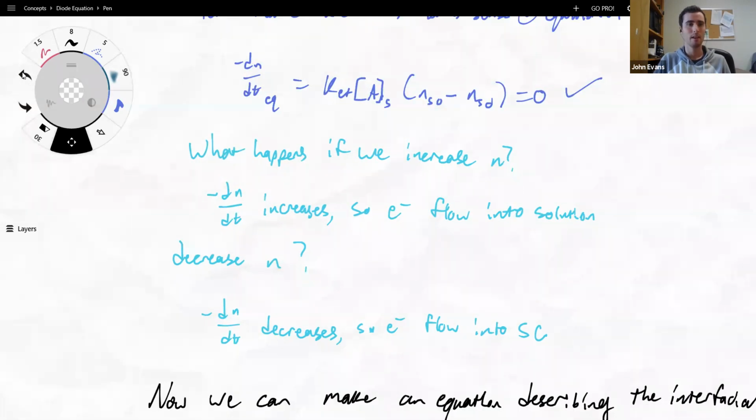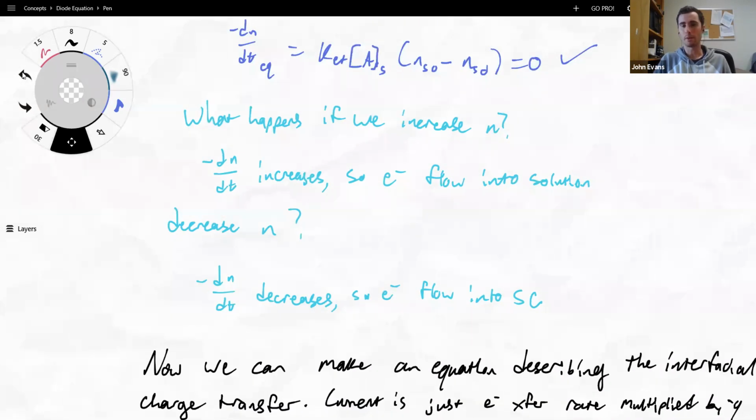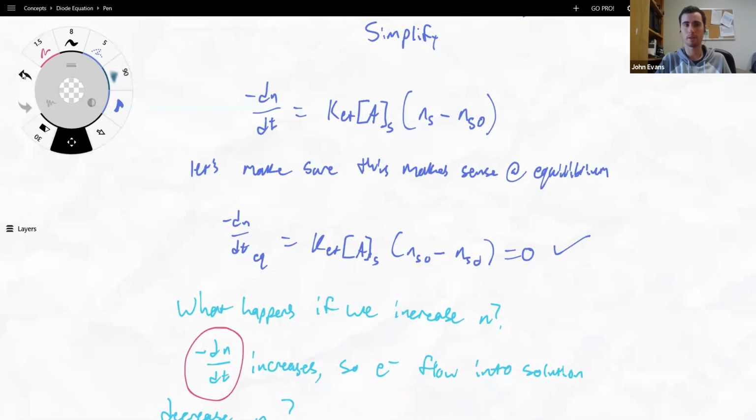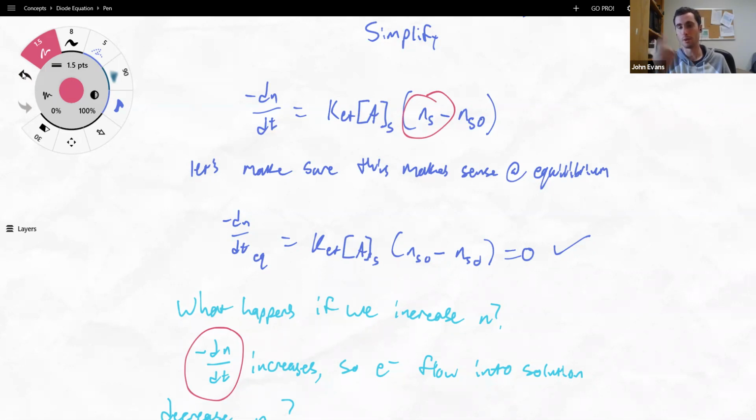All right, neat. So what happens if we increase the concentration of electrons? Well, if we are increasing the concentration of electrons, this is going to decrease, right? Because if we look at our expression here, it's going to depend linearly on the concentration of electrons, but we are going to reverse it.